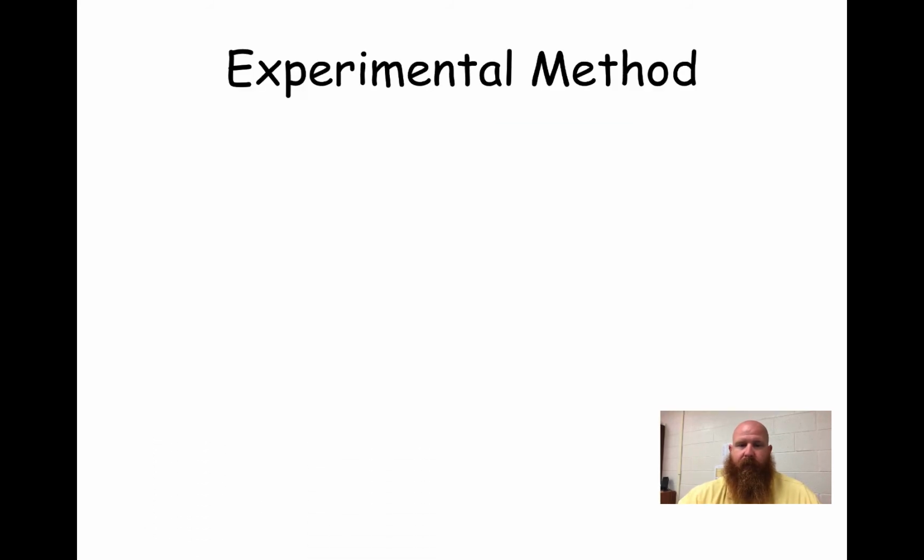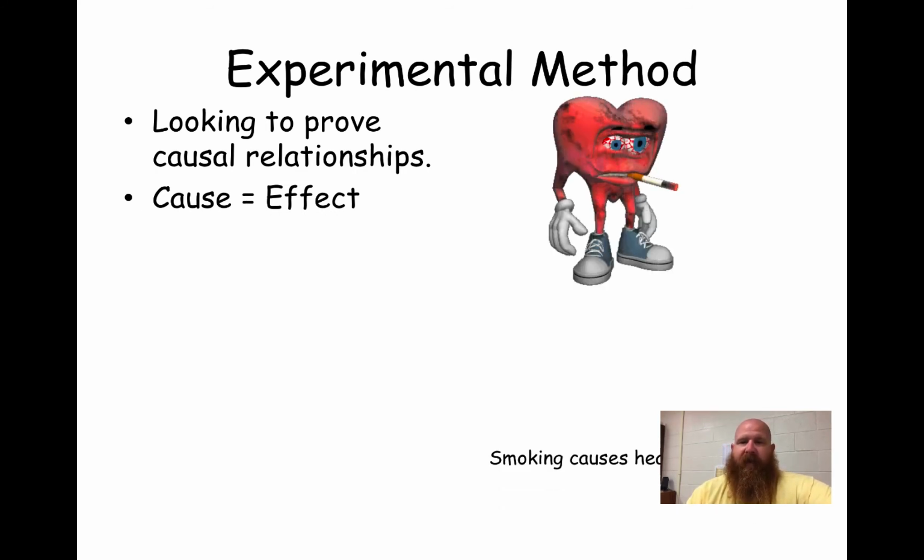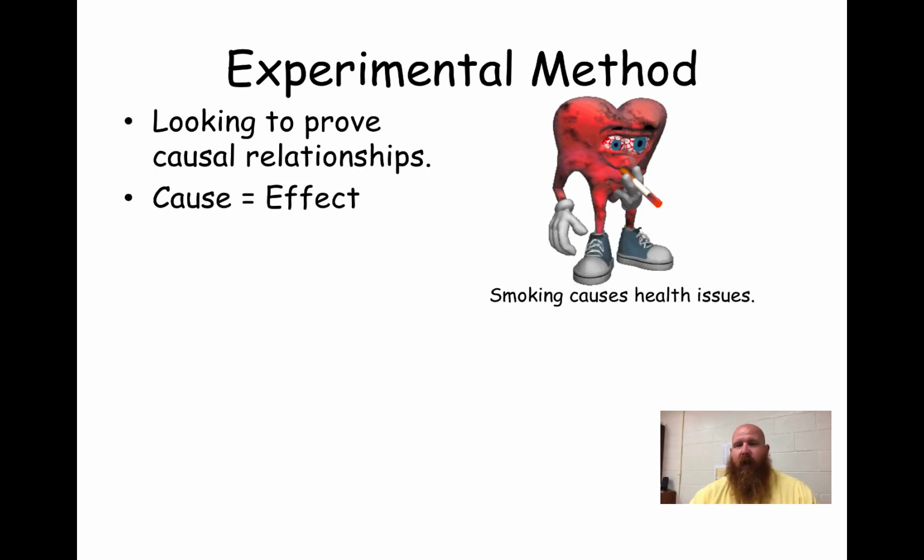And when we're getting into the experimental method, we are looking to prove causal relationships, not casual, causal. A causes B to happen. You're looking at cause and effect. For example, smoking causes health issues, and you can look at time spent smoking, age began, how many packs you smoke a day or a week.